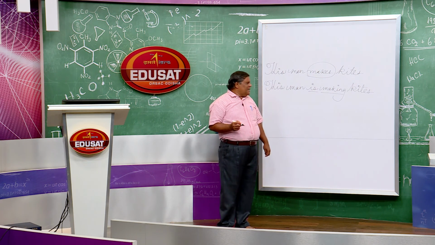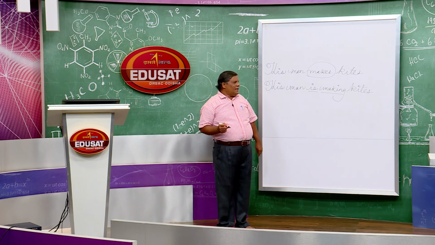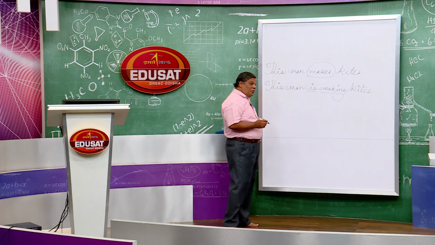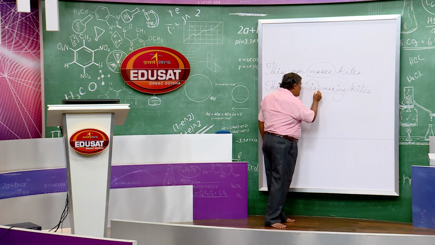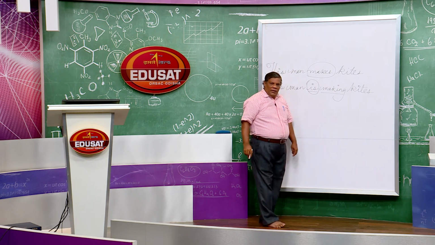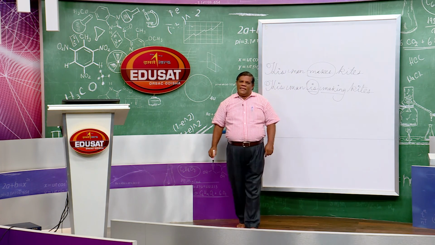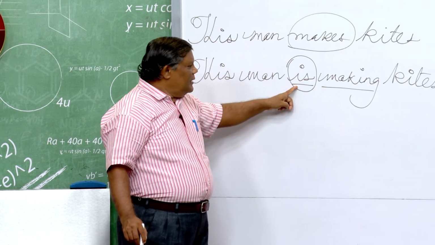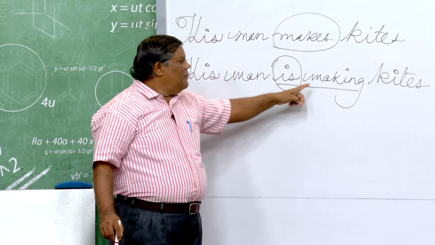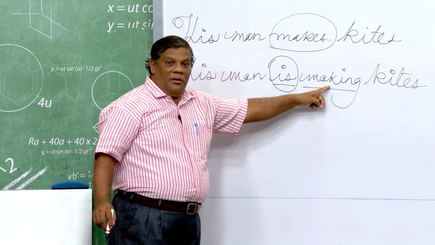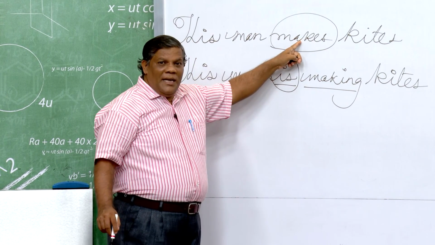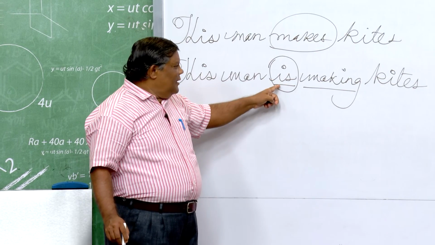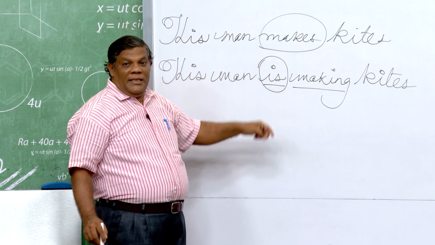This man is making kites, and here is making is the verb, and between these two verbs, the first verb carries tense. This is the principle of grammar. The first verb always carries tense. Here this verb is finite verb, here it is main verb. Here main verb is finite, but here main verb is non-finite, but here the auxiliary verb is finite.